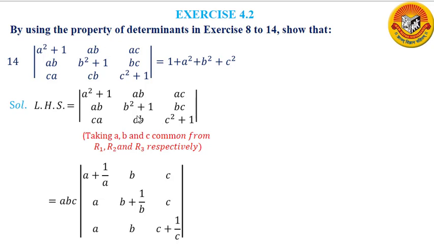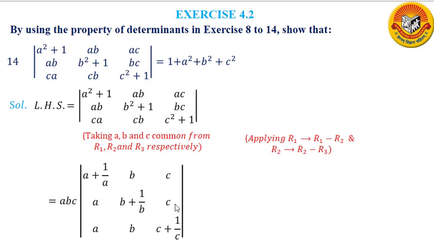In the second row, taking b common, I get a here, here I get b plus 1 upon b, and here I get c. And when I take c common from the third row, I will get a, b and c plus 1 upon c. So after taking abc common, we have this particular determinant.